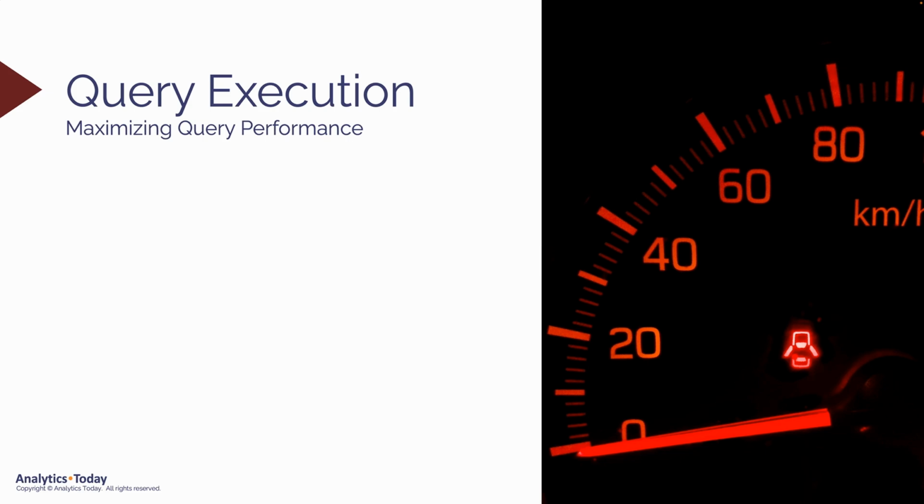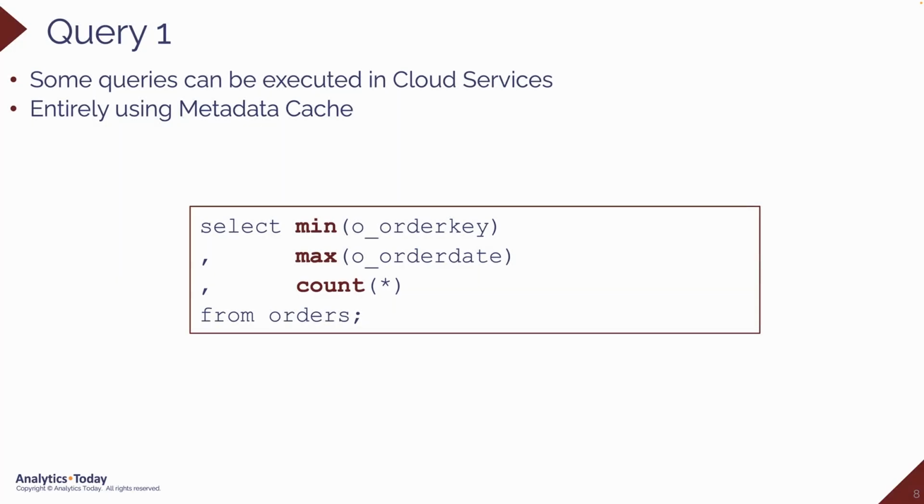So let's think about how queries are executed to maximize query performance, and then how the cache actually works to improve that performance again. Some queries can be executed in the cloud services entirely in the metadata cache.